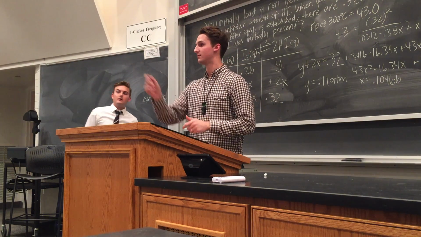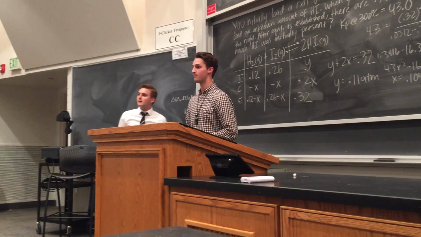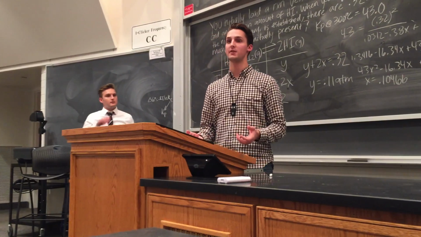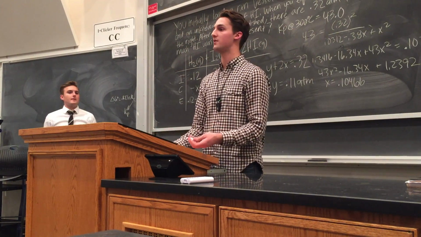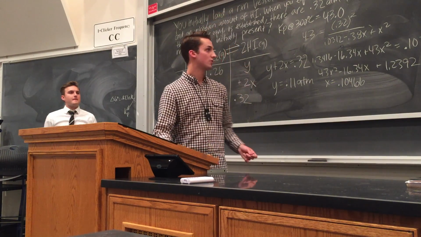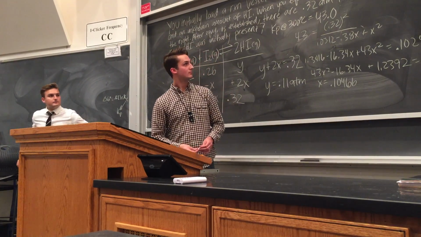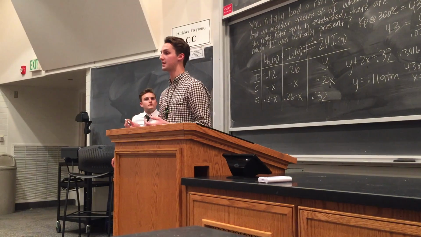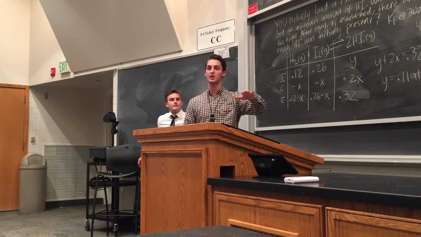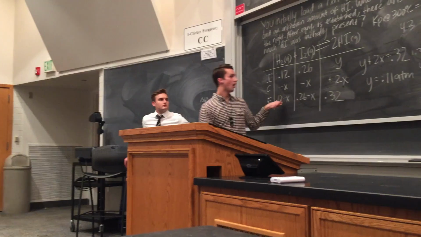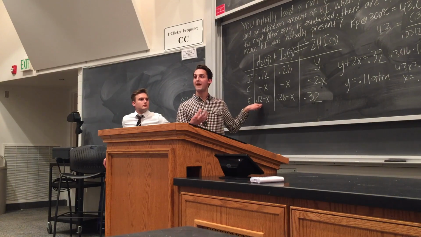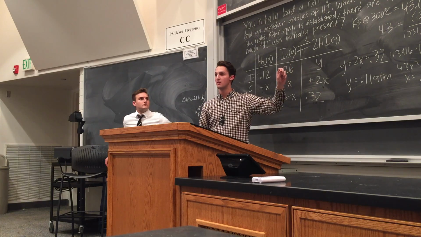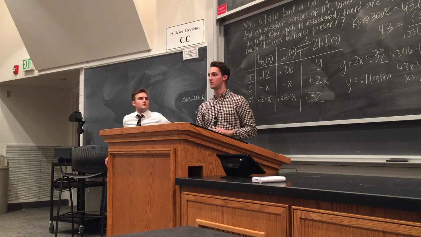Okay. Yes? Real quick, when can we cross out the x's? Okay. So she just asked, when can you cross out the x's? This is what we call the assumption rule. So the rule is that if your initial concentrations of your reactants, so the things that are on the bottom in your equilibrium expression, are different by a factor of 1,000 or more of your Kp, then you can neglect it.